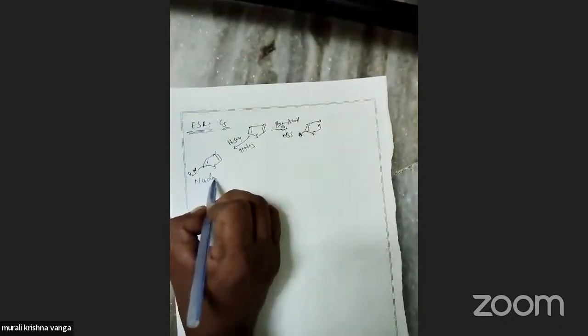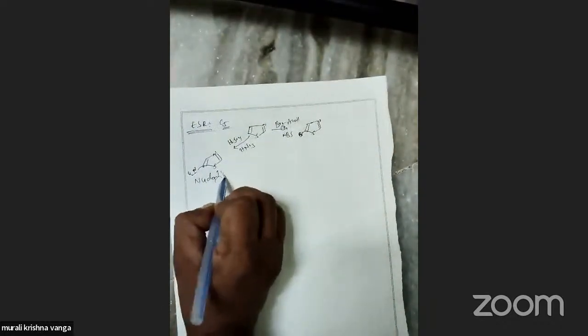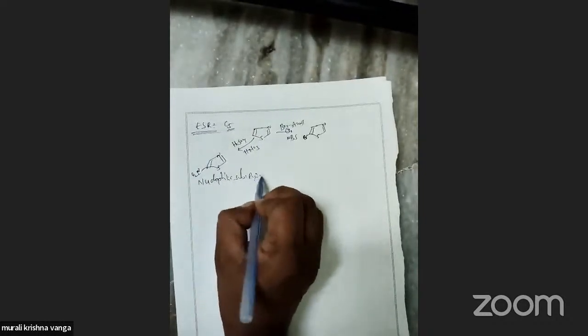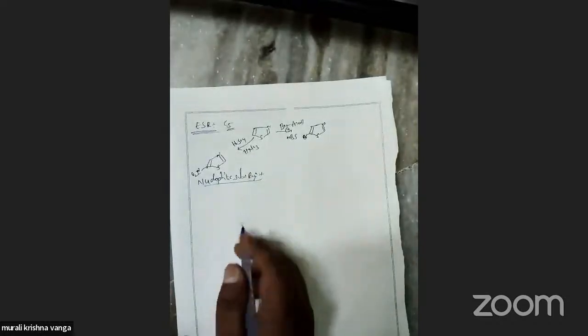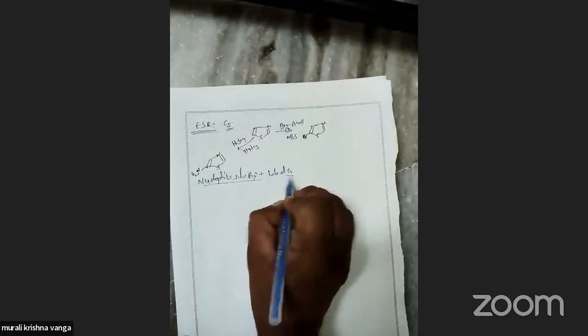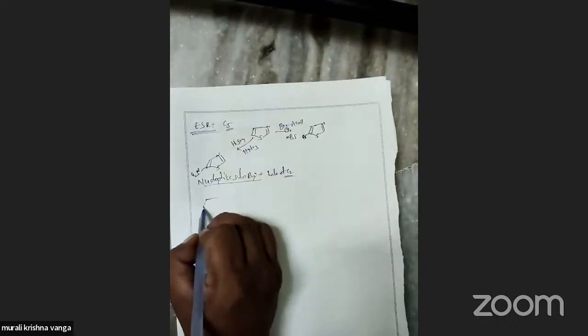Nucleophilic substitution reactions. A halogen at the C2 position undergoes nucleophilic substitution reaction.